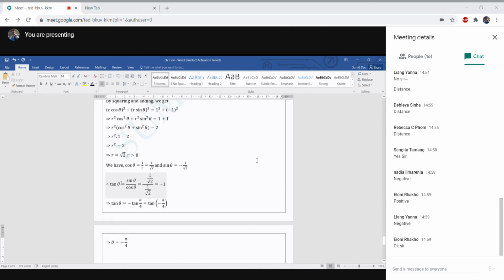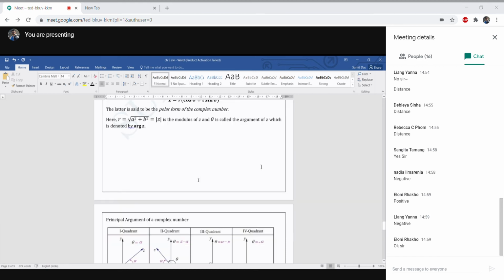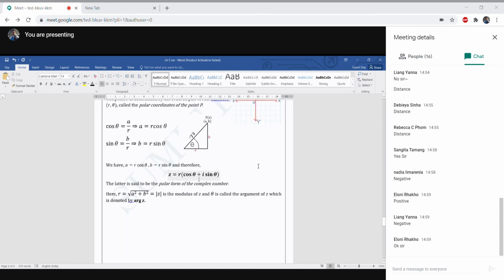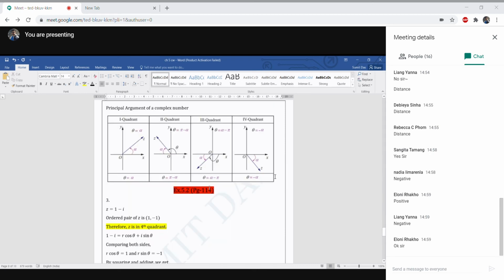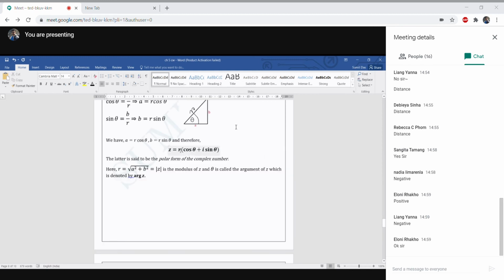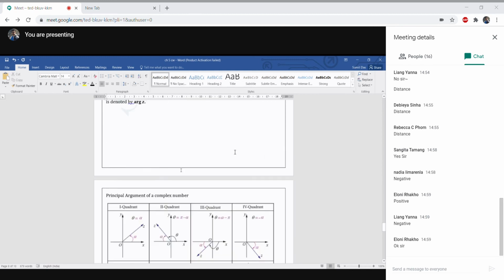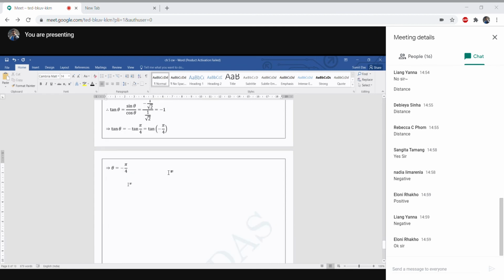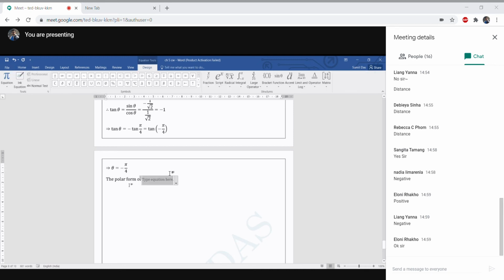Okay, so we got theta value and r value. So our question was convert each complex number in polar form. That means we have to write the complex number in this form. Look in here, r is there and theta is there, right? So we'll write here the polar form of the first one, so I'm writing in very detail. What is r? R was square root of 2.